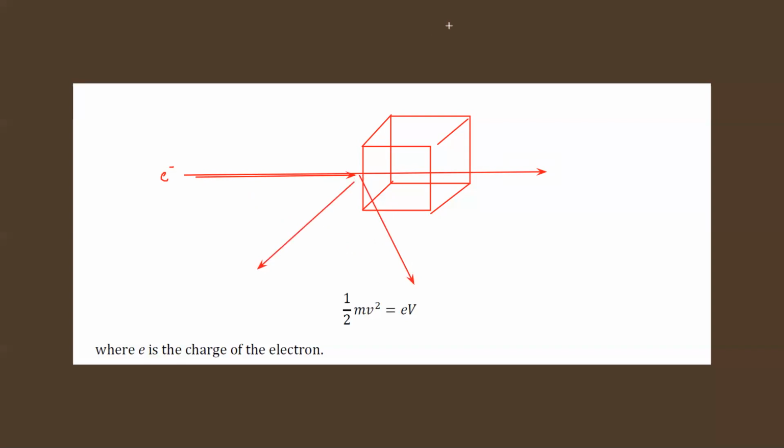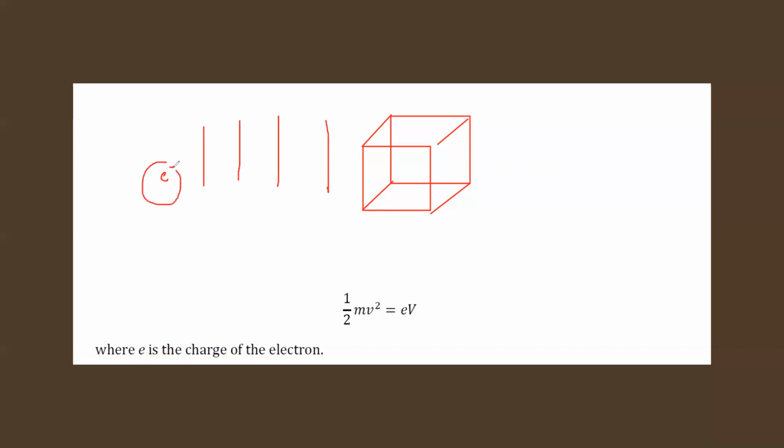But we don't observe this pattern. What we observe when we use electrons is a similar diffraction pattern to the one we observe with X-rays. So it shows the electron is not acting like a particle, it is acting like a wave, and the wavelength associated with this electron matches the gap size. That's why diffraction occurs.